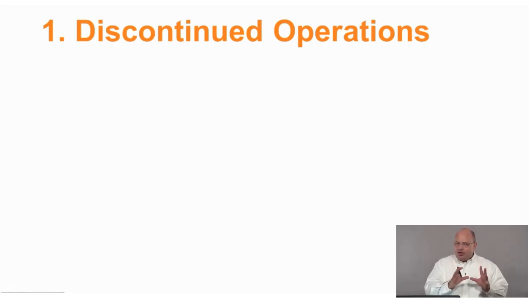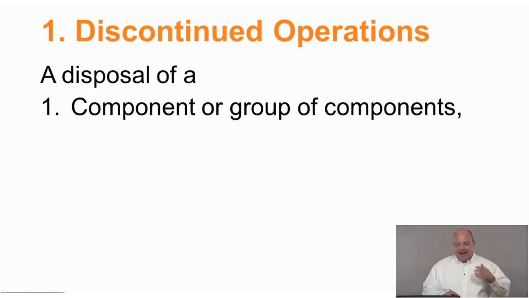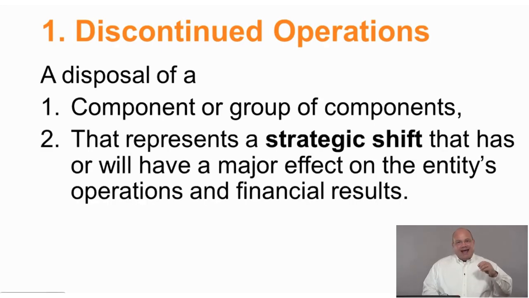When we talk about discontinued operations, we need to understand what this is. This is a disposal of a component or group of components of the company, and this disposal represents a strategic shift that has or will have a major effect on the entity's operations and financial results. Here's an example.